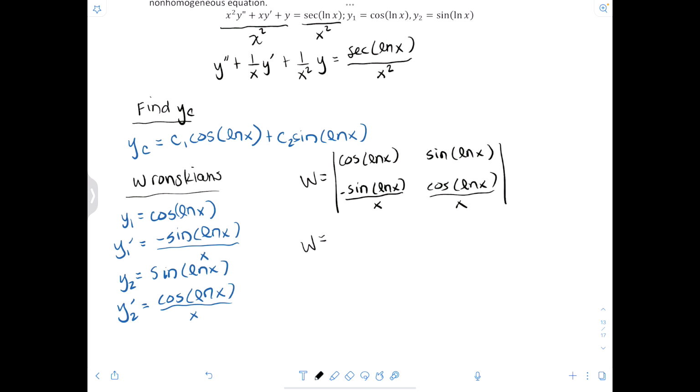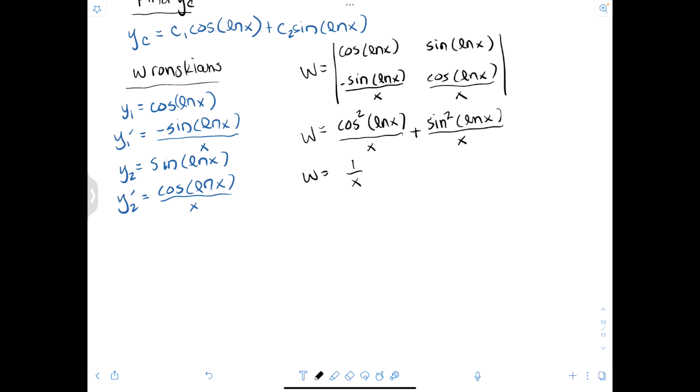So w will be cosine squared of natural log of x over x, minus a minus is plus sine squared of natural log of x over x, which, beautifully enough, will just be 1 over x, because cosine squared plus sine squared is 1, and they both have the same denominator.